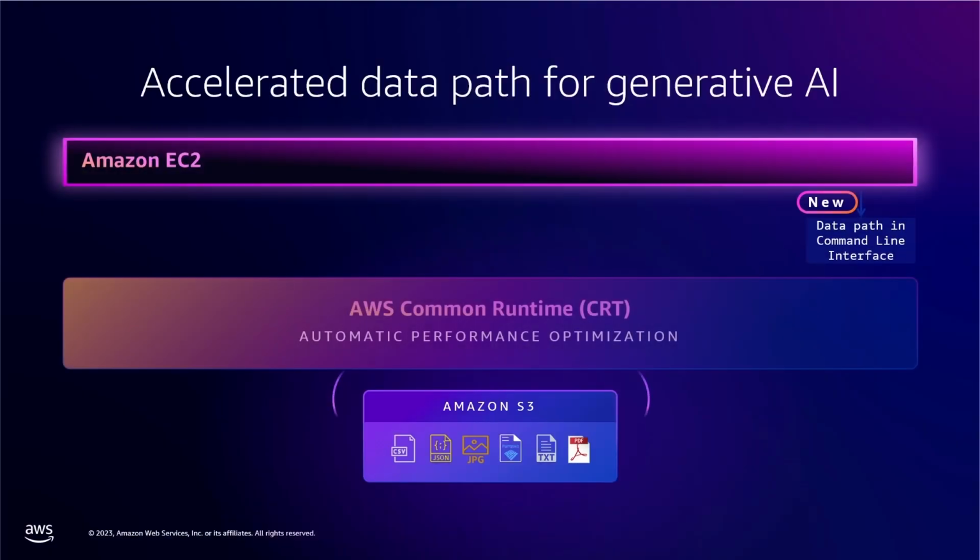So, as an example, to accelerate training workflows, we went into many different parts of that data path between compute and storage. For example, we've significantly sped up the default command line performance for data retrieval from S3 from very commonly used instance types for generative AI applications like Trainium1, P4D, and P5 instances.